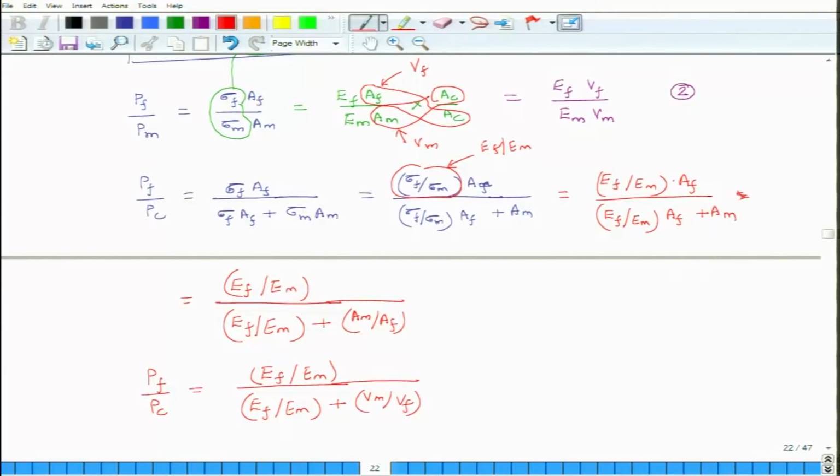And we know that Vm is what? Vm equals 1 minus Vf, right, if there is no air. Then I can write it as EF by EM by EF by EM plus 1 by Vf minus 1. This is what I get.